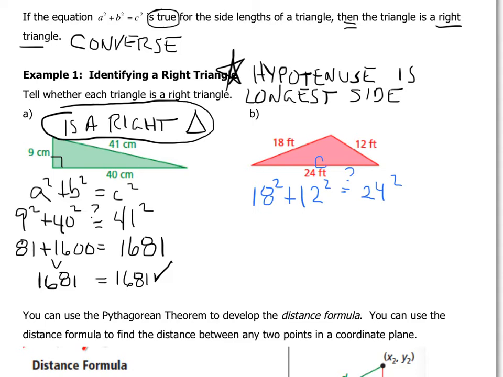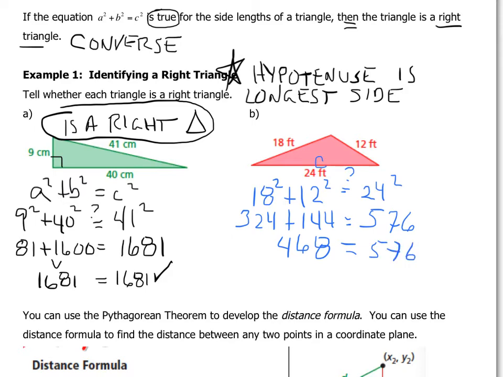Well, 18 squared is 324. 12 squared is 144. And 24 squared is 576. When I look at the other side, 324 plus 144 is 468. Well, this time they don't equal.